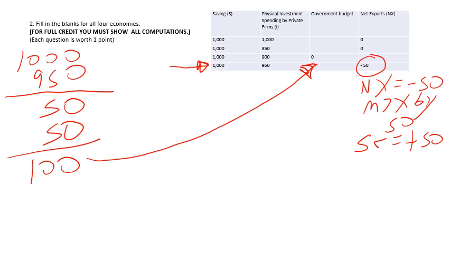So we can safely assume that our government has a budget deficit of $100 billion. Government outlays are higher than tax receipts by $100 billion. All right, that covers it.